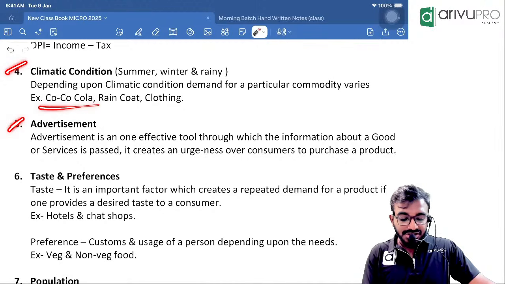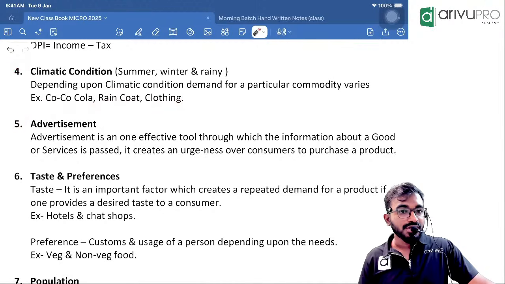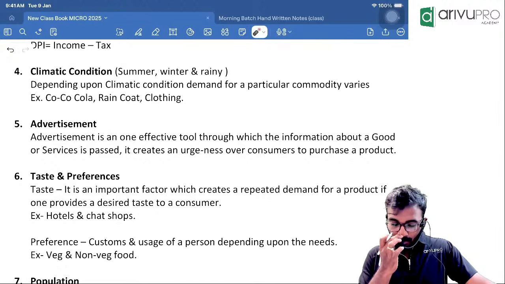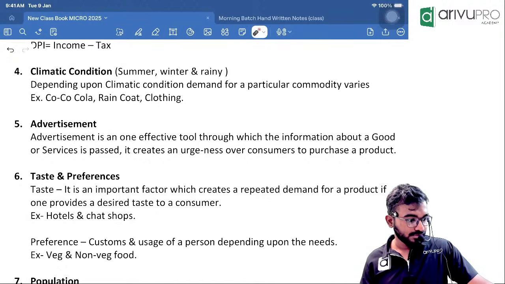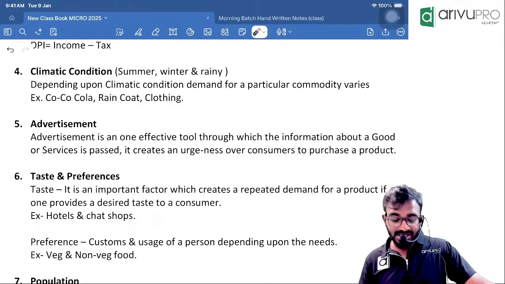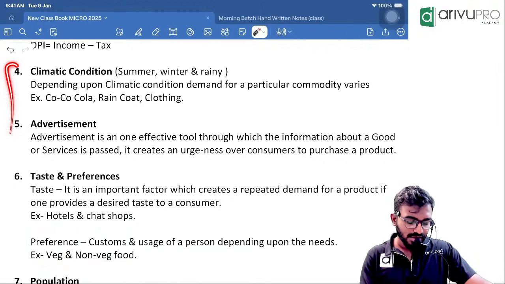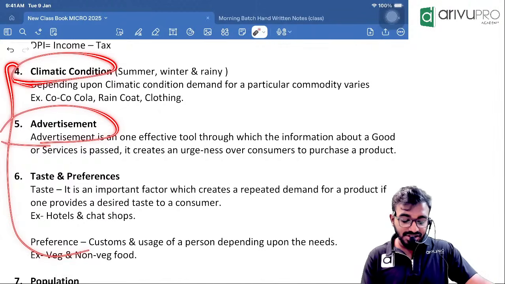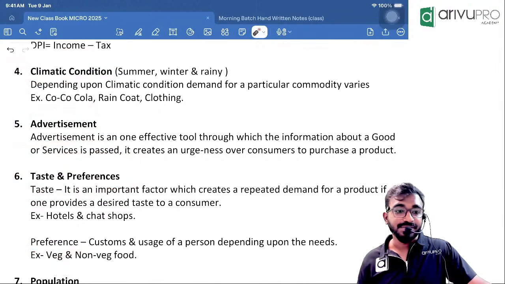Taste and preference, you can straight away write hotel, chat shop, veg, non-veg, coffee, tea, and these are easy. These 3 points, climatic condition, advertisement, taste and preference is easy.